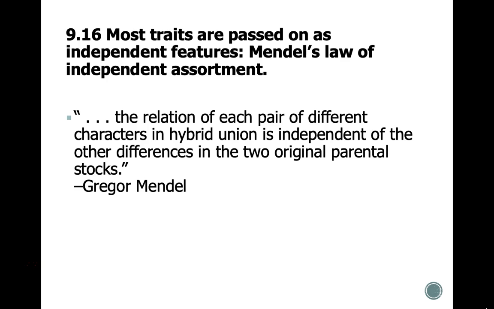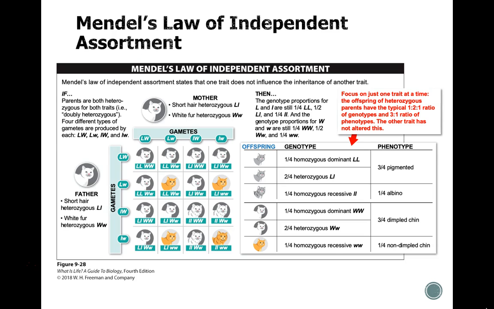The law of independent assortment basically says that the probability of receiving any particular allele for one gene on a chromosome does not affect the probability of receiving a particular allele on another gene on another chromosome.